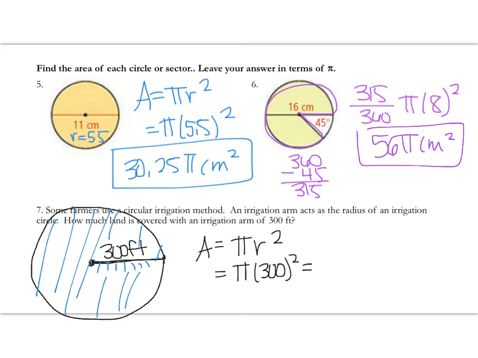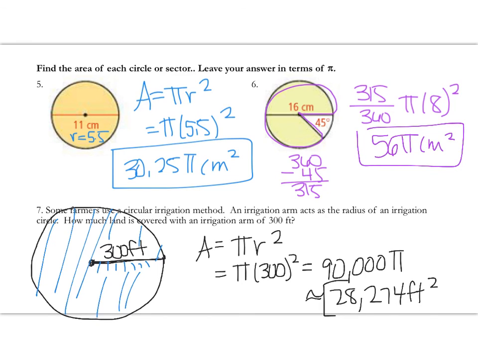So if I do 300 squared, I get 90,000 pi. And since this is a real world problem, they want you to put the pi in the calculator. And we're going to just round to the nearest whole. So that's approximately 28,274 square feet is what would get covered by that irrigation arm.